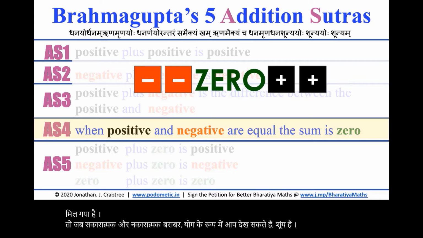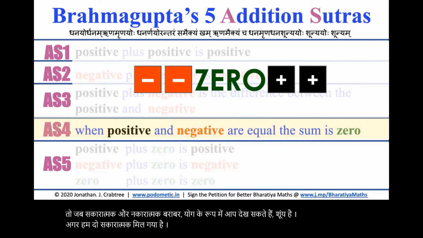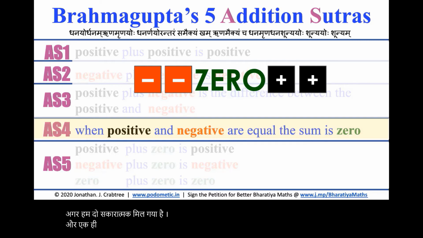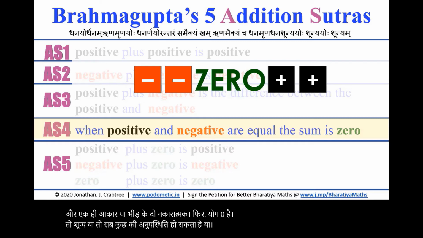If we've got 2 positives and 2 negatives of the same size or multitude, again, the sum is 0. So 0 can either be an absence of everything, or it can be the sum of everything.